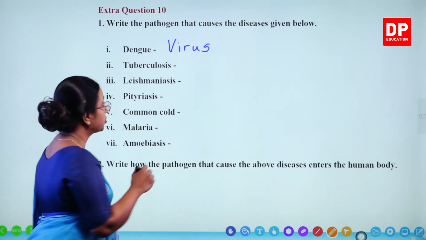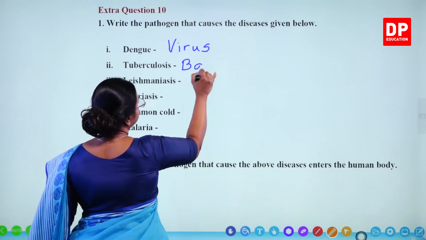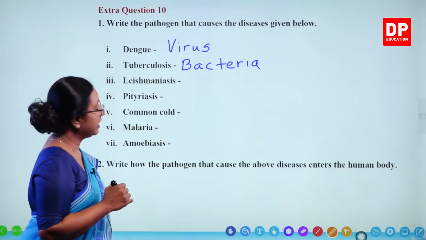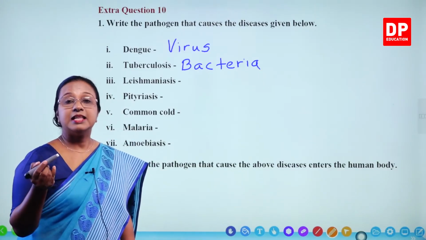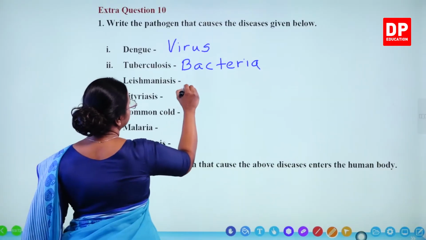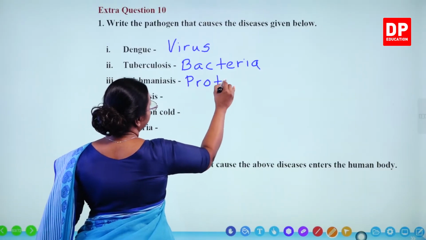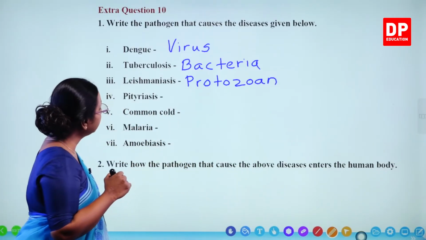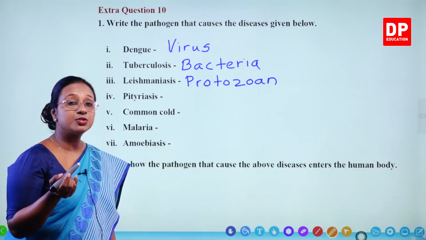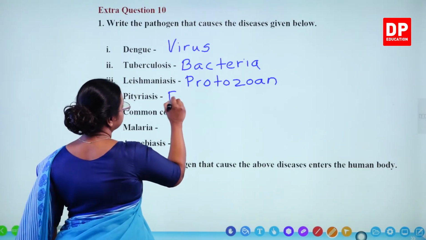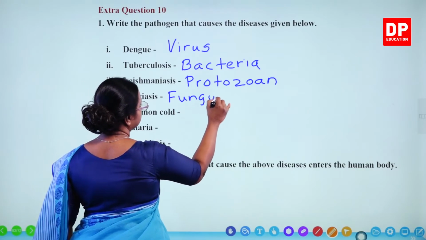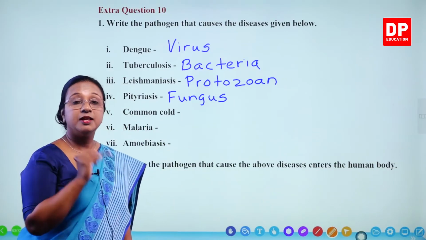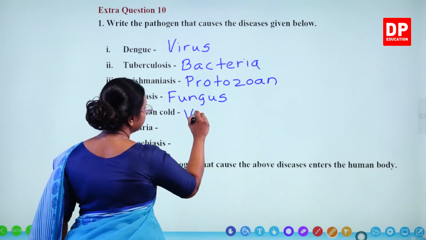Tuberculosis, that is caused by bacteria. Leishmaniasis, what is that? That is a protozoa. Then we have pityriasis. Pityriasis is caused by a fungus. Then the next one is common cold. That is by virus.